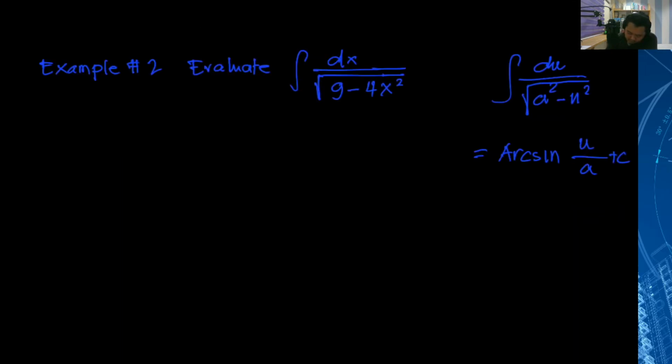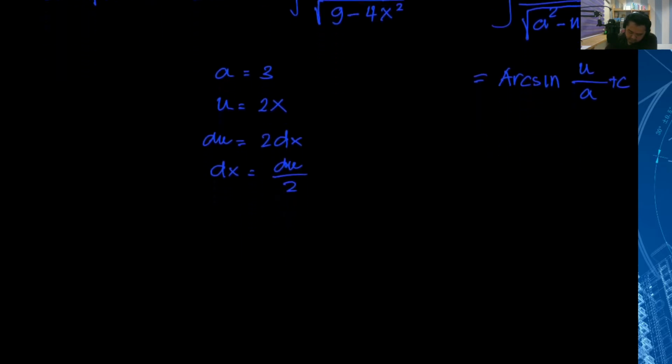Determining our a, a would be 3, because if you square that, it equals 9. And u is 2x, so if you square this, it goes back to 4x squared. Our du is 2 dx, therefore dx is du over 2.